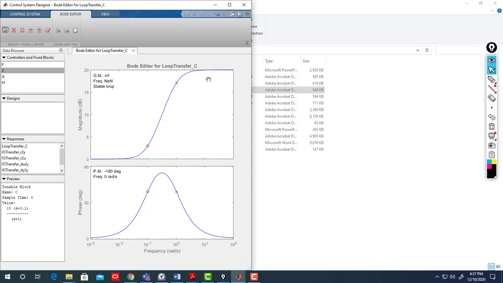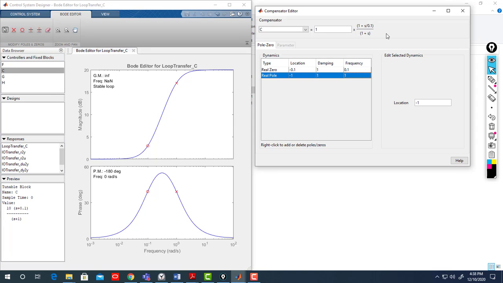So now you see that at high frequency I trim the amplitude, so it is constant now, because when you add a pole at 1, what's happening is plus 20 with minus 20, they sum up.